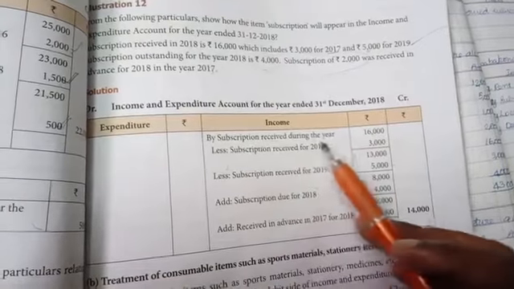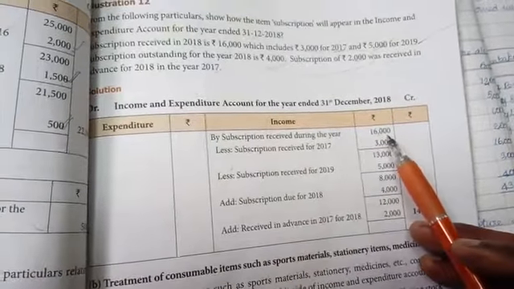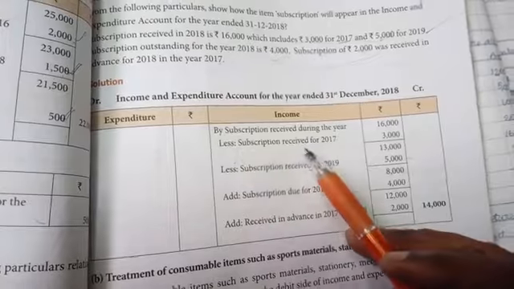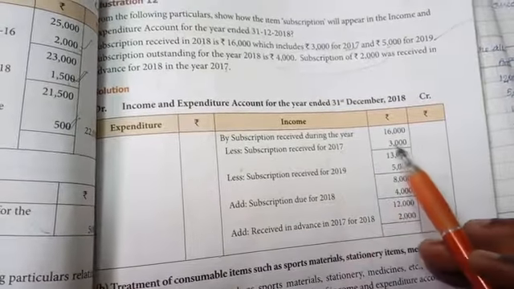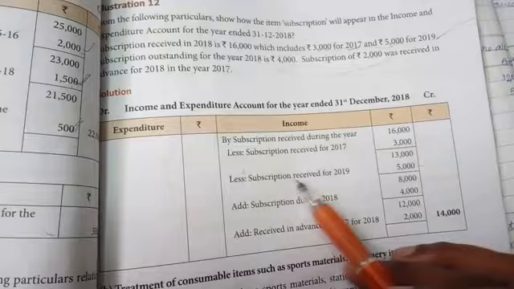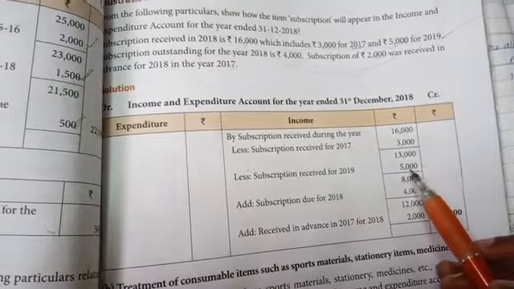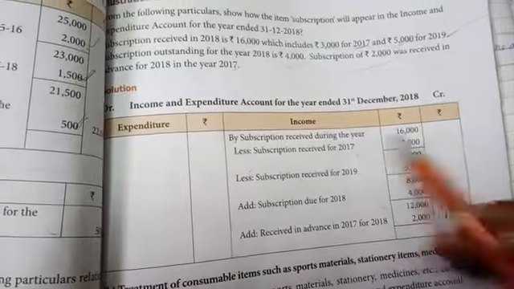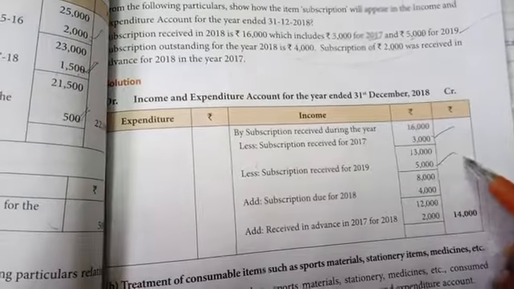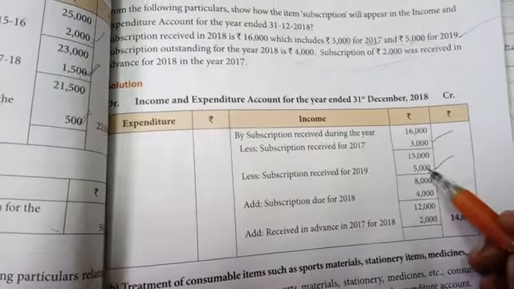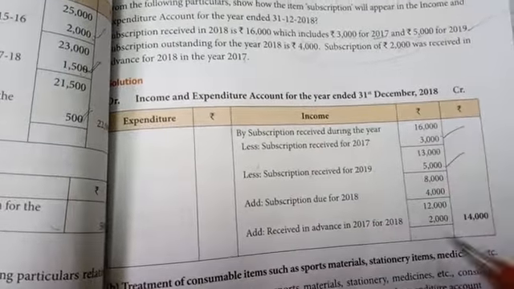See, subscription received during the year 16,000. Less subscription received for 2017, 3,000. Again less subscription received for 2019, 5,000, because 3,000 belongs to the previous year and 5,000 belongs to the subsequent year. These two items are subtracted from the total subscription.